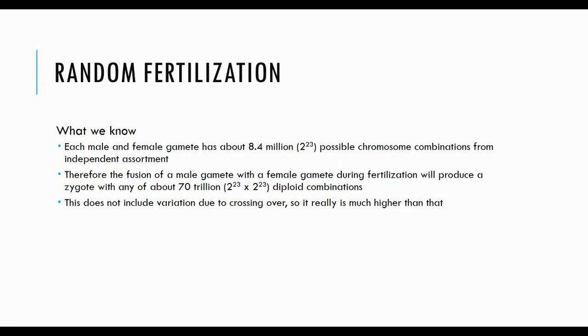And finally, random fertilization. We'll throw some numbers out there because this is what we know. Each male and female gamete has about 8.4 million, that's our 2 to the 23rd, possible chromosome combinations from independent assortment.